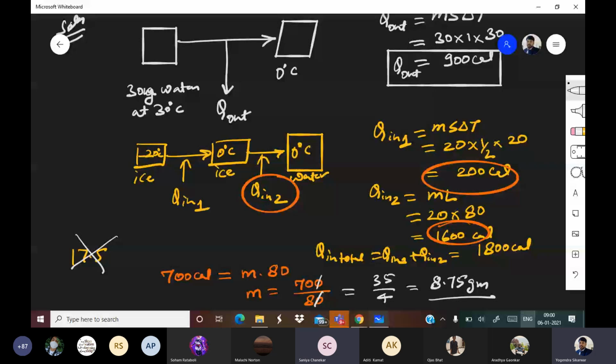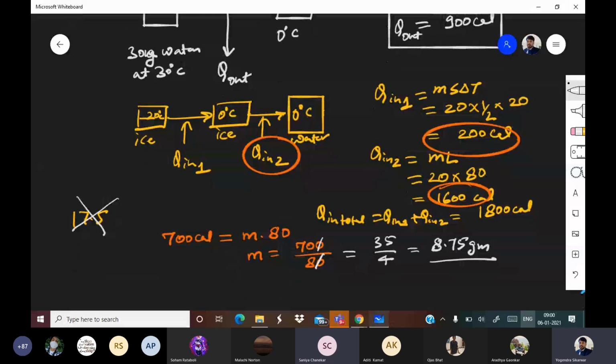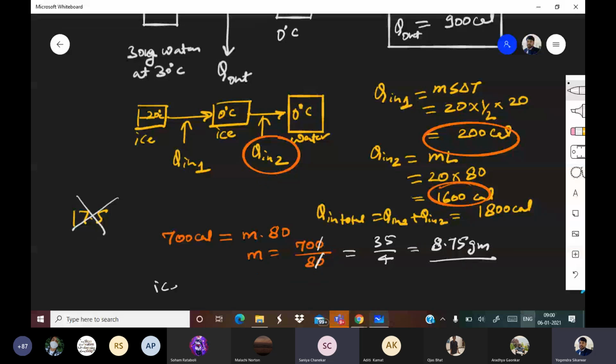So in total, how much ice did we have? We had 20 gram ice. How much is melted? 8.75. Ice left will be how much? 20 minus 8.75 is how much? Can someone tell me quickly? 11.25.